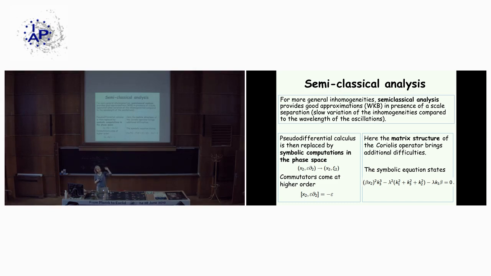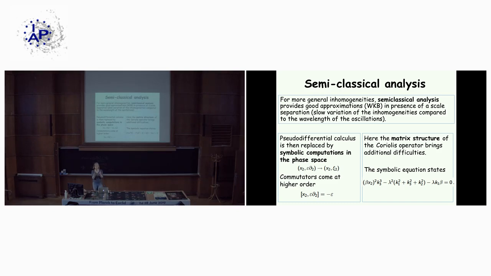This mode, for instance, is responsible for the creation of big vortices, which you can see close to Florida, for instance. This is really the interaction of these slow modes, which are called Rossby modes, with the main current.